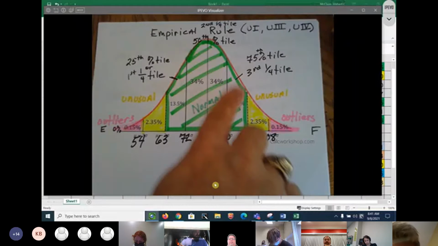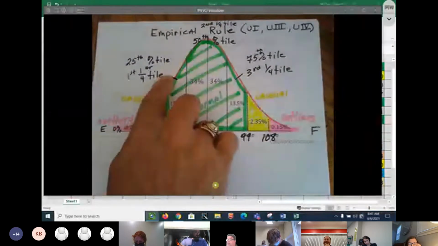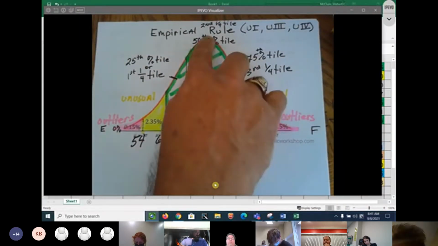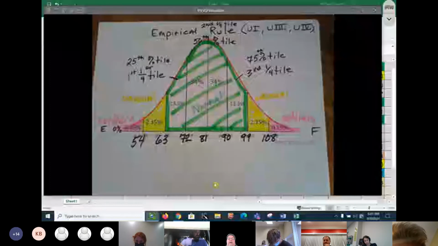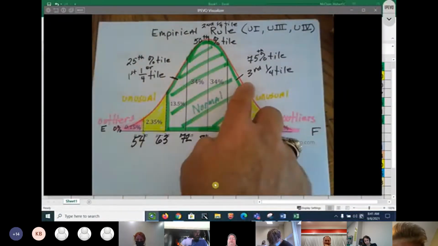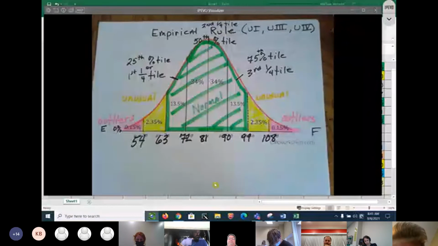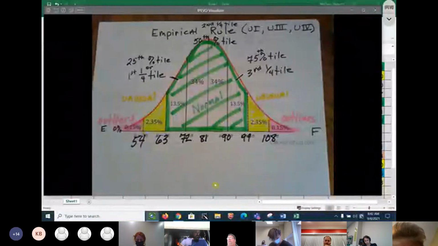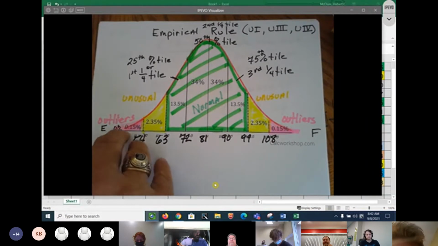That is the empirical rule, and you see the 5-number summary now. This is your min, this is your max, first, second, third. Everybody with me so far? Okay, now the 5-number summary. What does it tell us?